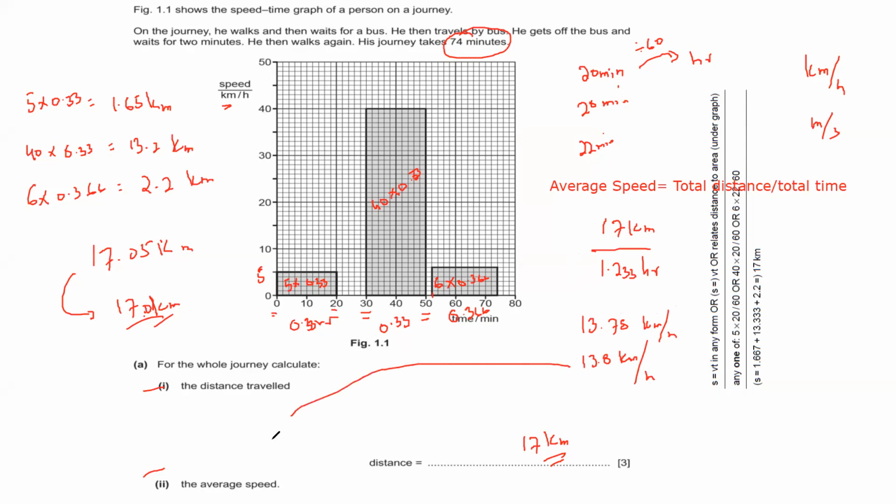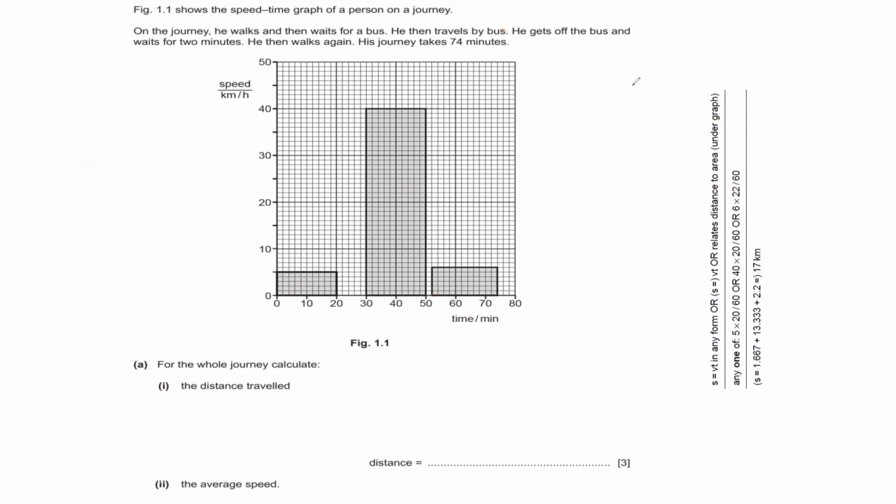So that is the answer for the average speed. Is it clear, this part? Using the area under the graph, we calculated the distance traveled, and using the total distance divided by total time, we calculated the average speed of this journey.